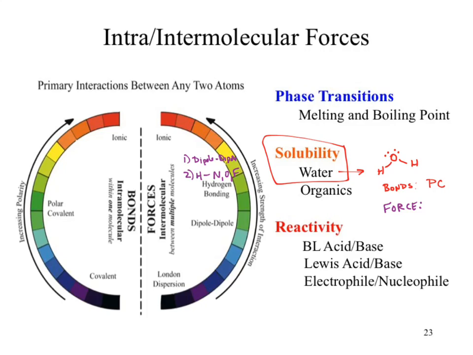Is fluorine going to be particularly relevant? Probably not. It just doesn't show up very commonly in biological molecules, so we don't need to stress as much about fluorine. So with water, we've got hydrogen bonding as a force.